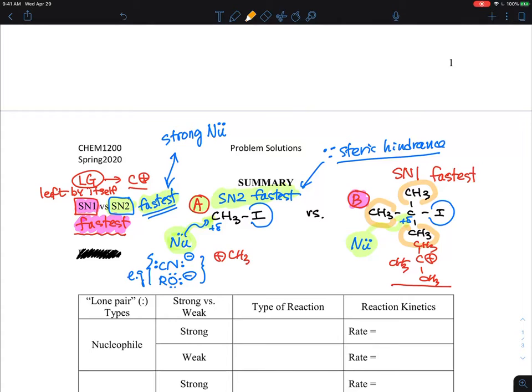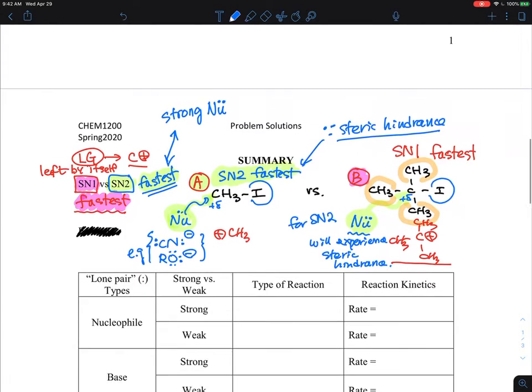So this nucleophile will experience steric hindrance. Steric hindrance is bad, right? And so the SN2 reaction will go slowly.